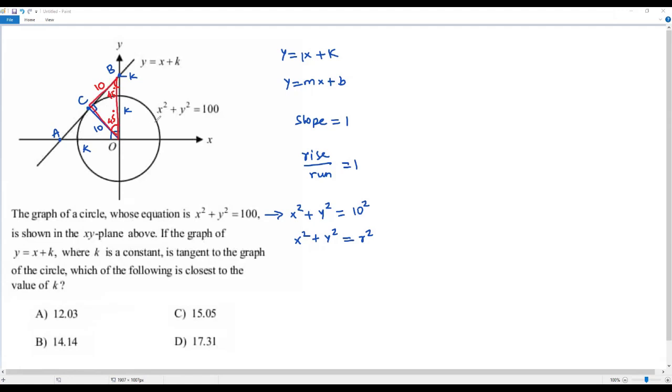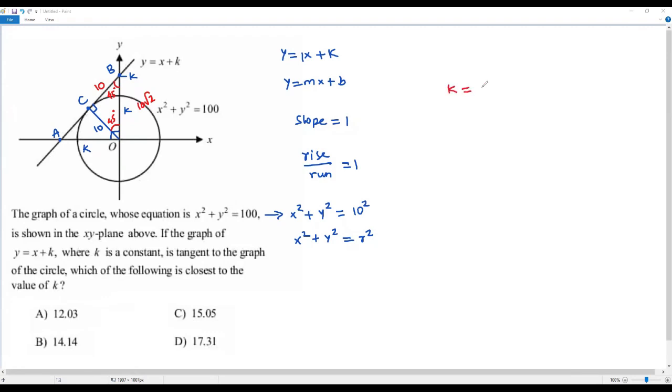In this 45-45-90 special right triangle, when I want to get the length of the hypotenuse, I have to multiply the length of the two equal legs by the square root of 2. That is, this 10 has to be multiplied by the square root of 2. The length of the hypotenuse OB must be 10 times the square root of 2. Already we got the length of this hypotenuse OB, that is k. So k and 10 times the square root of 2 both represent the same thing, the length of the hypotenuse OB.